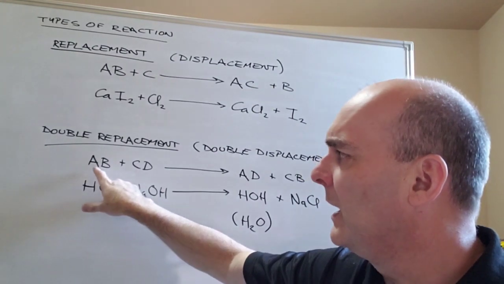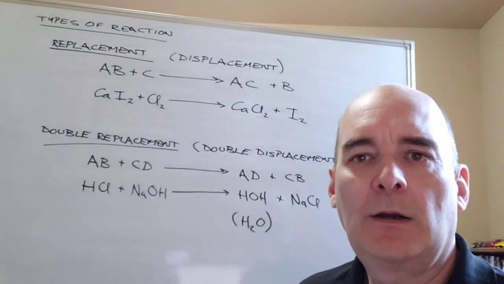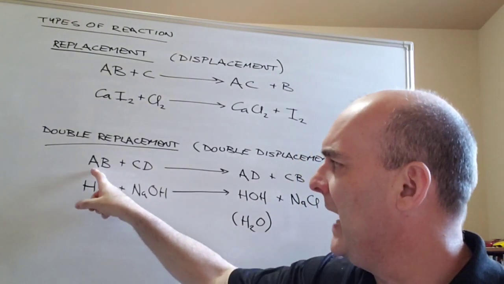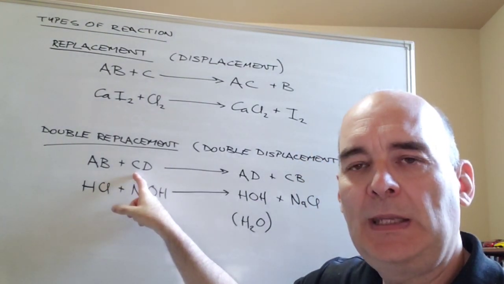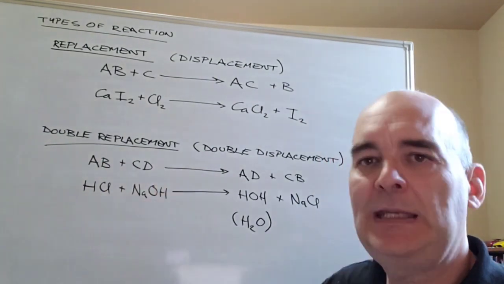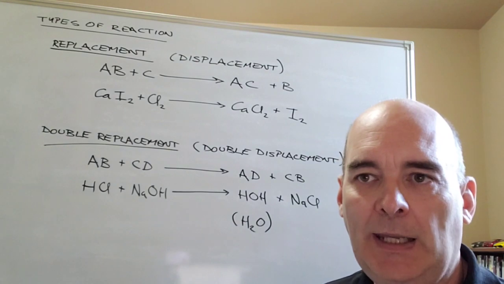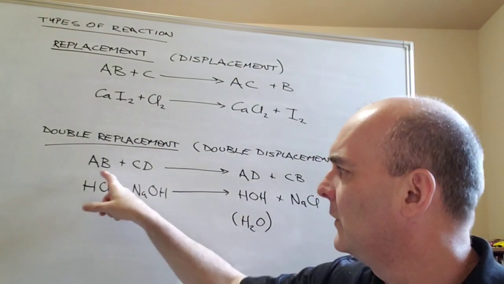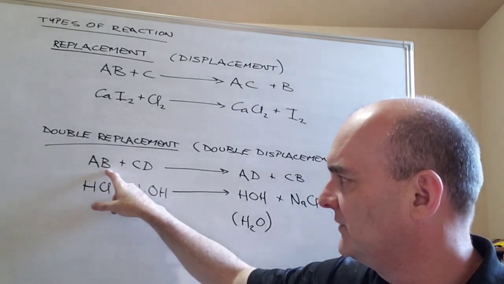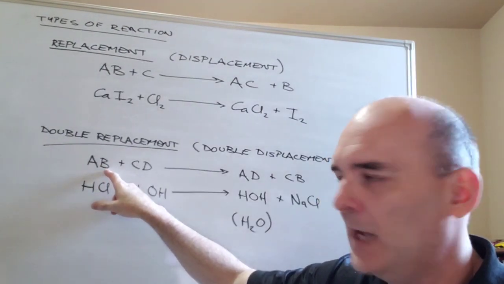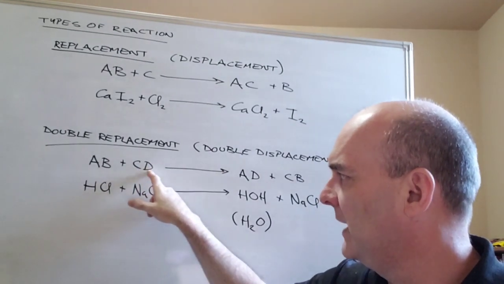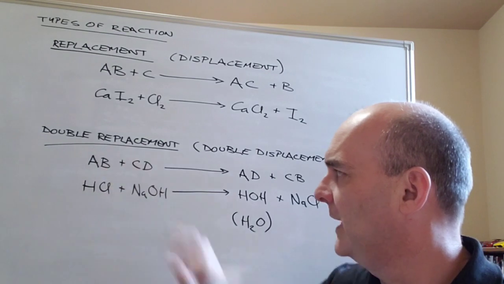Now, if AB and CD are ionic compounds, we've already learned that A and C will be the metal cations, and that B and D will be the non-metallic anions. And so A is going to switch its counter-ion, its anion, B, for D, and C will have its D replaced by B.